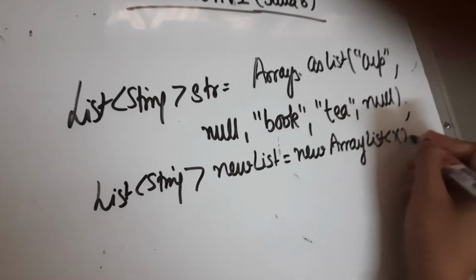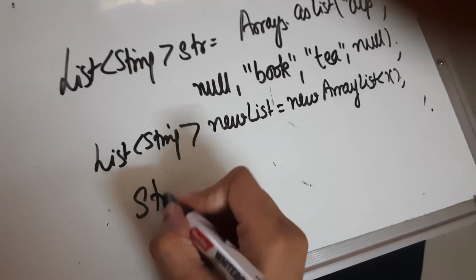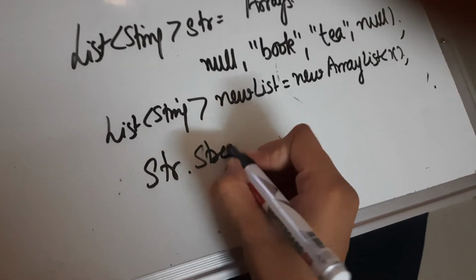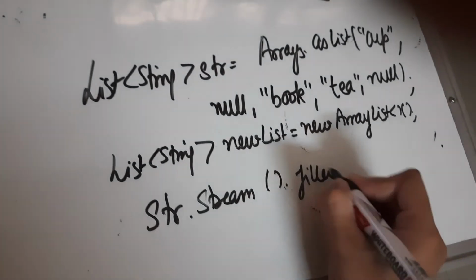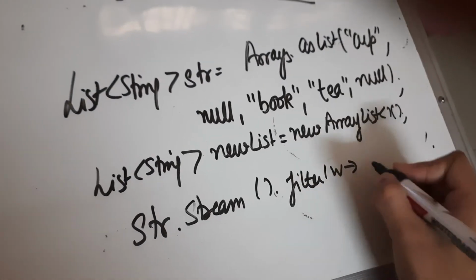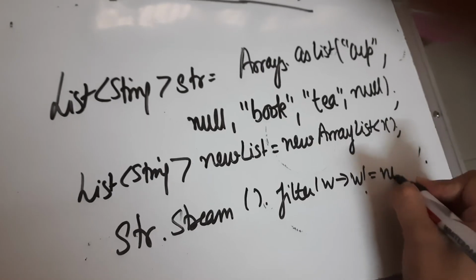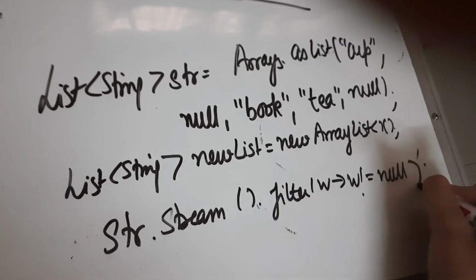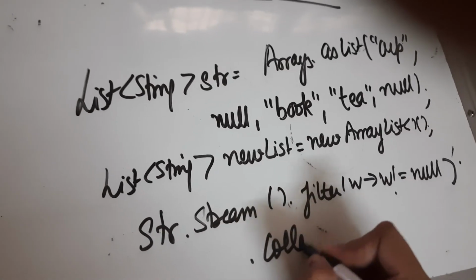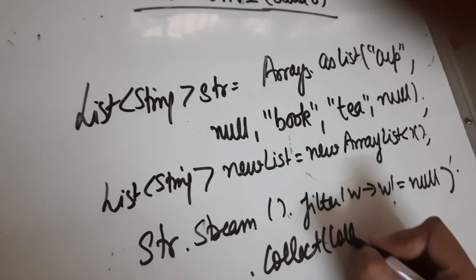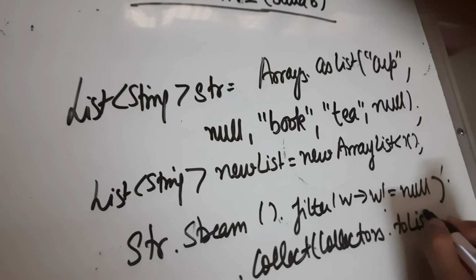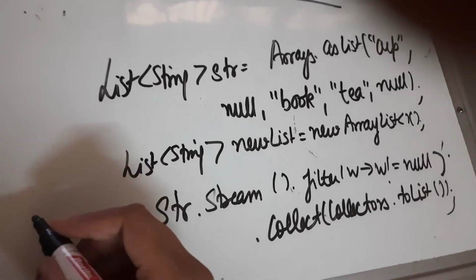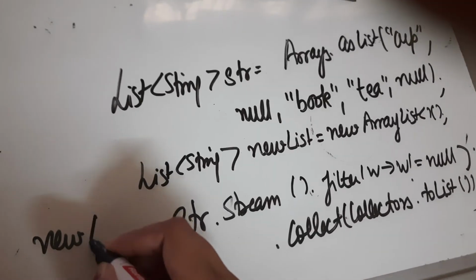I'll be having another list. It's very simple. Str is my above list, dot stream, dot filter. I'm going to apply the condition that the words are not equal to null, then you simply collect it and store this result in our new list.